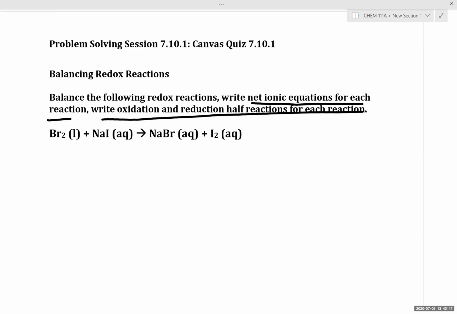And we'll discuss in about another 2 to 3 minutes. And the balanced equations that I'm seeing in the chat look good so far.